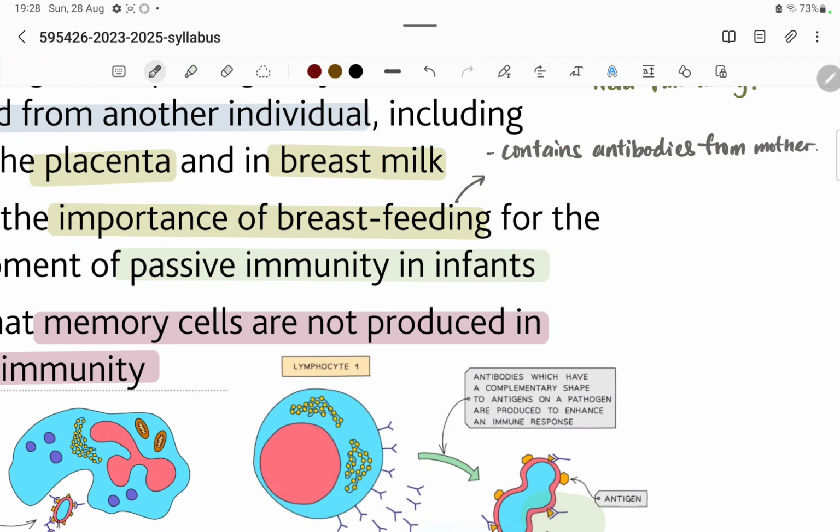And then because the immune system of the baby is not well developed yet, you need to get antibodies from the mommy first, to protect the baby from the pathogens.